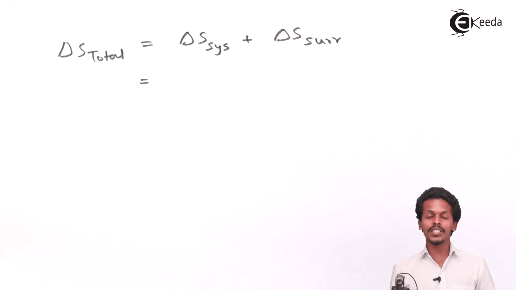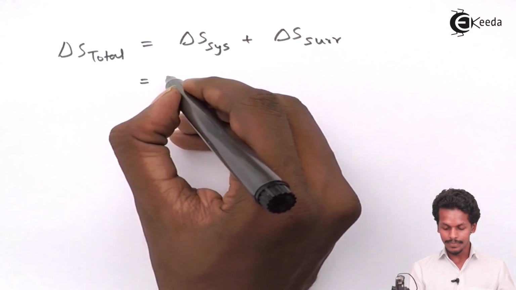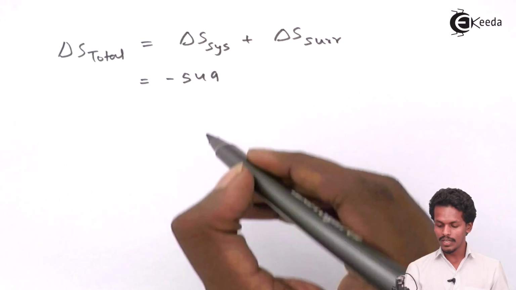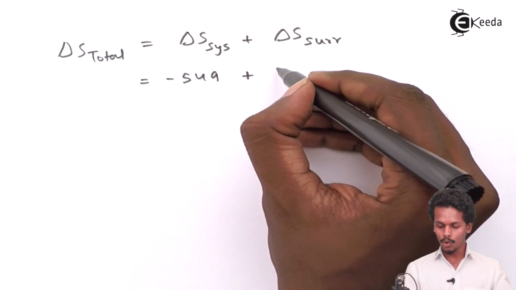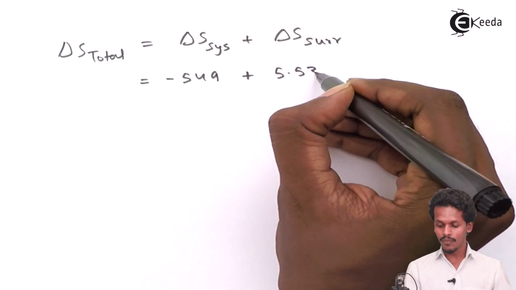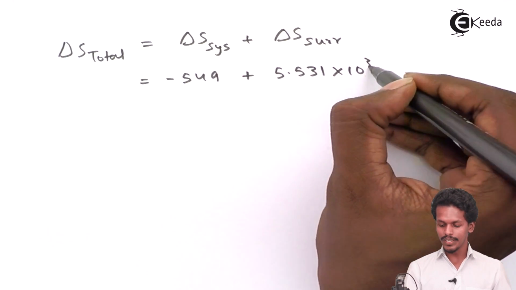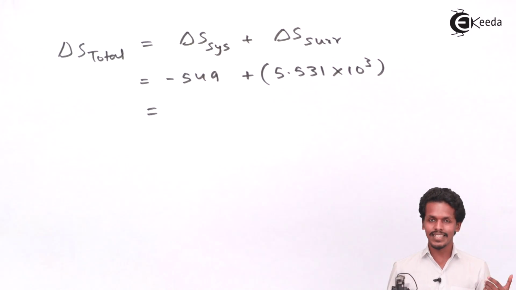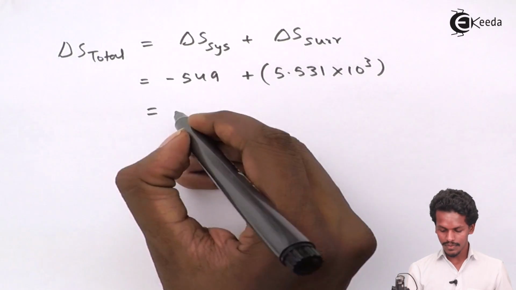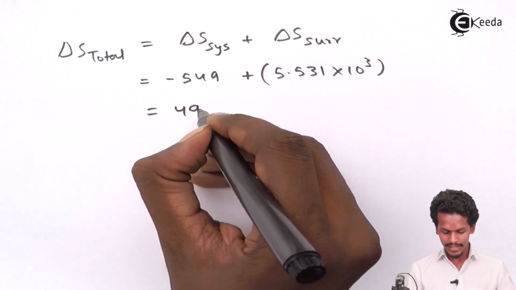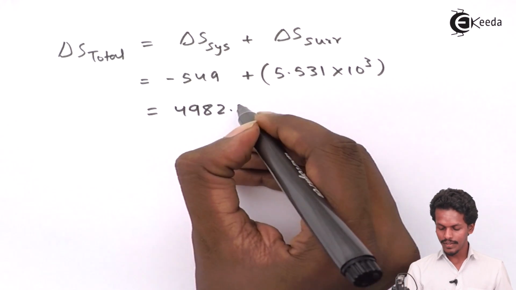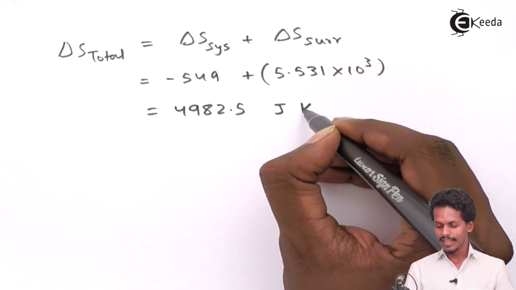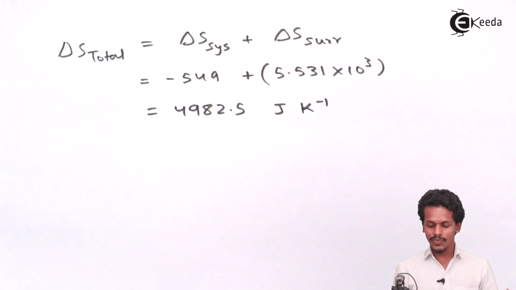The entropy change of the system was found to be minus 549 joules per Kelvin per mole, while that of the surrounding was found to be 5.531 into 10 raised to 3. So if we do this, let us see what answer we get. We have got a value of 4982.5, and again this would be joules per Kelvin.